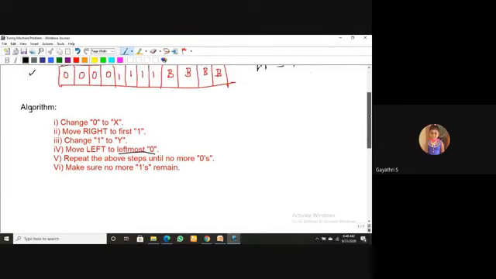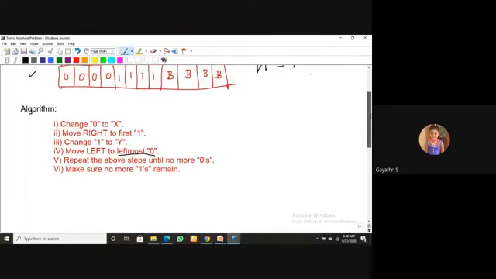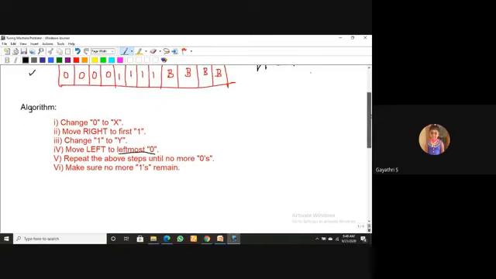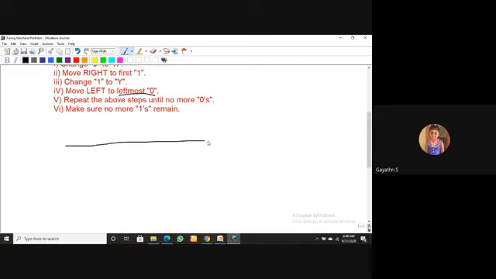Don't go anywhere else. I will start the tape movement. For the initial tape, I will choose the string 0 power 4, 1 power 4. Before the tape movement, first you choose the string.